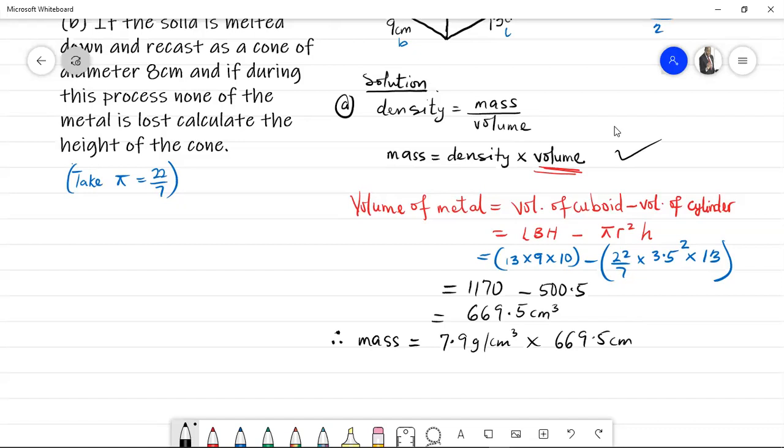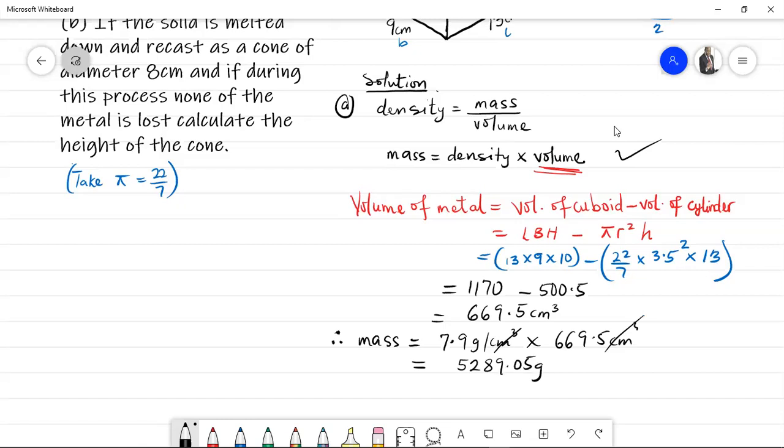Of course, you will expect cm cubed to cancel cm cubed out, so that you are simply left with 7.9 grams times 669.5. And that gives a final answer of 5289.05 grams. Okay, if you like, you can leave your answer in kilogram.